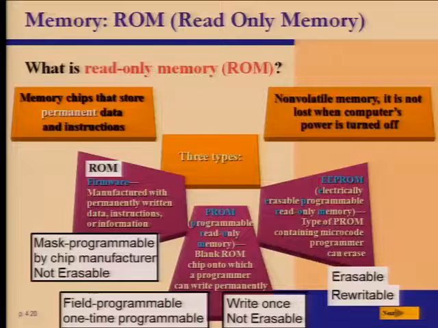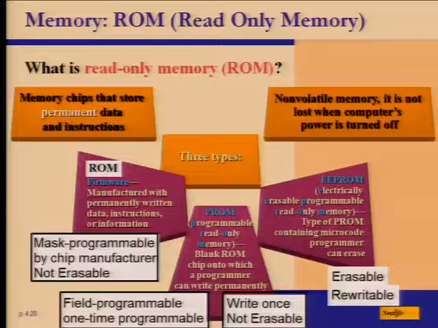We want to further classify them into 3 groups, 3 types. First one is the ROM, read-only, the typical read-only memory. This is also called the mask programmable. Mask means the IC manufacturing process. Remember, if you heard about how the IC is being manufactured, they need to have many different layers of mask, right?